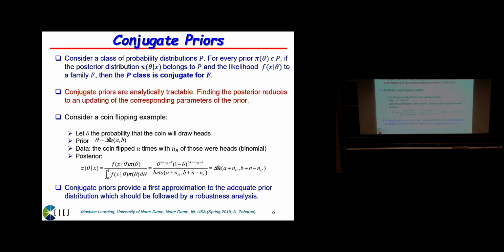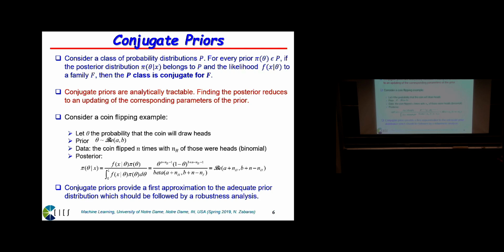All right, so let me define what a conjugate prior is. We have a likelihood, and you assume a prior. We call this prior conjugate to the likelihood when the posterior comes out to be of the same class as the prior.